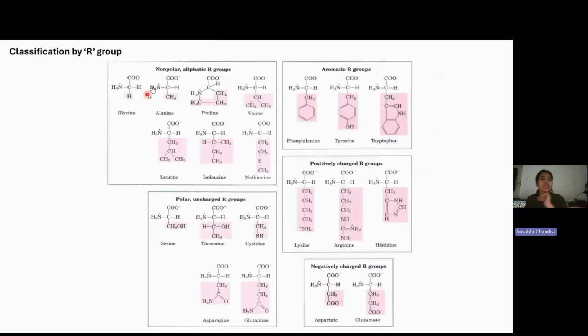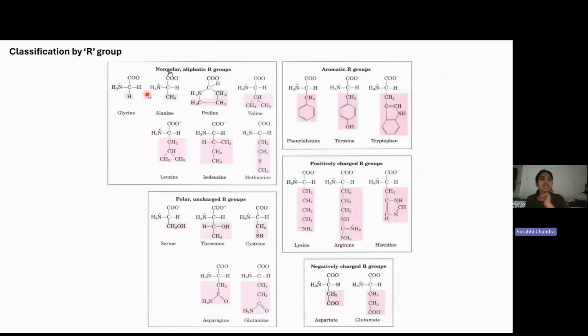Now, if we look at the 20 amino acids, we have the different R groups I was talking about. The simplest one is glycine. Then you have alanine, proline, valine. These different R groups actually dictate which category these amino acids belong to. So the very first one is non-polar aliphatic R groups.